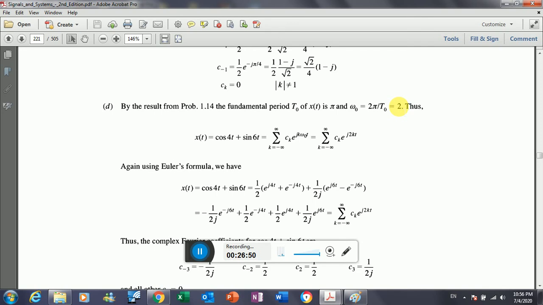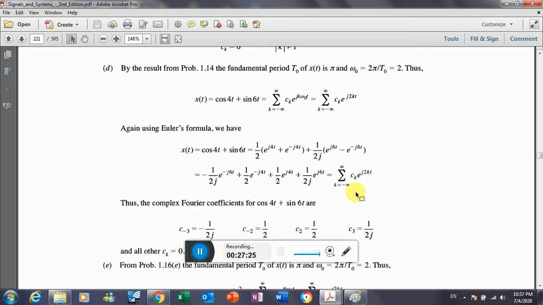We have found out the fundamental period as in chapter 1, and after finding the fundamental period, compare it with this general equation and then collect the individual terms after applying Euler's identity. Right? For cos 40 it is 1 over 2 e raised to power j40 plus e raised to power minus j40, and for sin 60 this will become this equation.